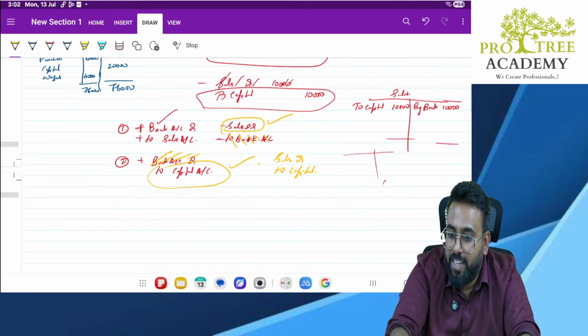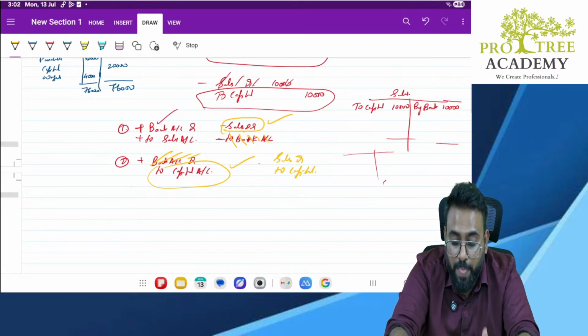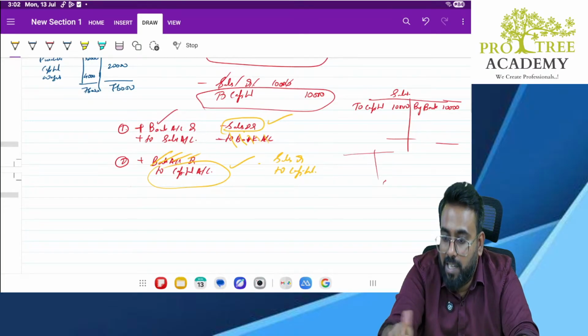How do you rectify? Sir, now you need to understand the 5 items: asset, income, expenses, liability and capital. Sir, if adjustment is towards your assets or liability, you will directly pass the journal entry.